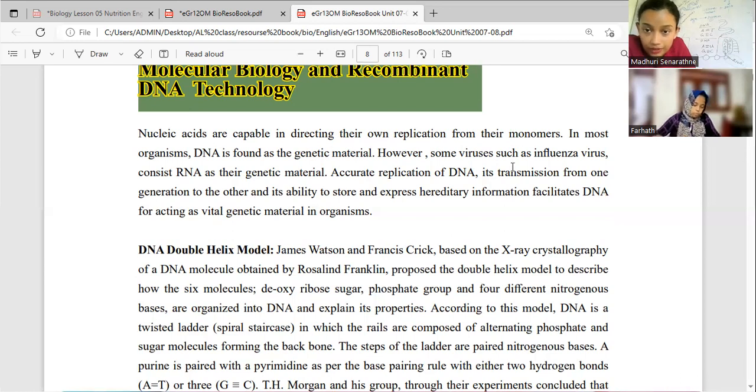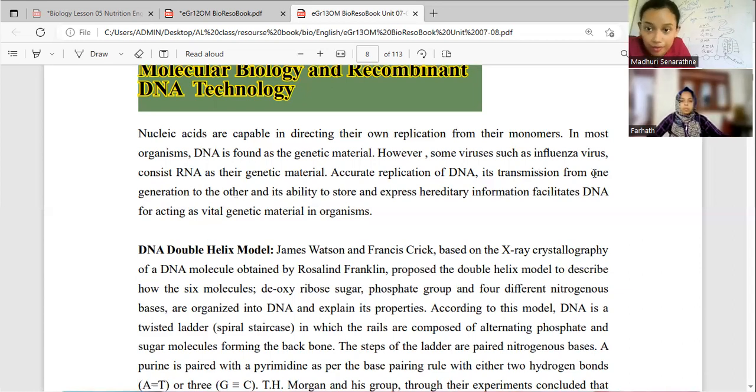What we have written: accurate replication of DNA and transmission of genetic information from one generation to the other. Actually, this is the genetic material.